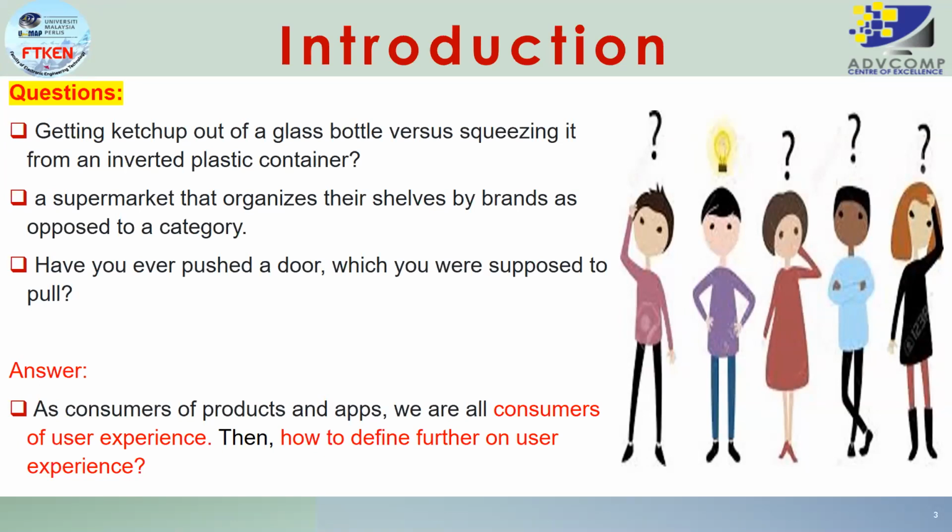All of these instances bring you an experience. Then we can state that as consumers of products and apps, we are consumers of user experience. Then how do we define user experience further?